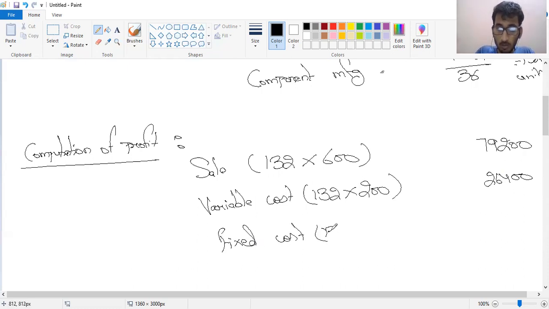Fixed cost is 132 multiplied by how much? 316.